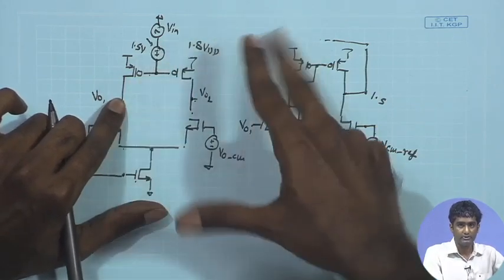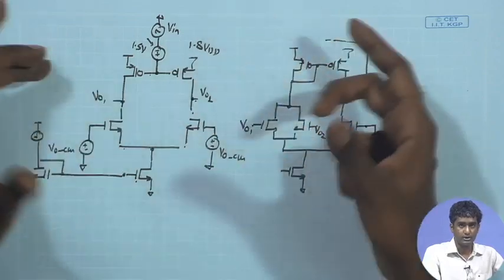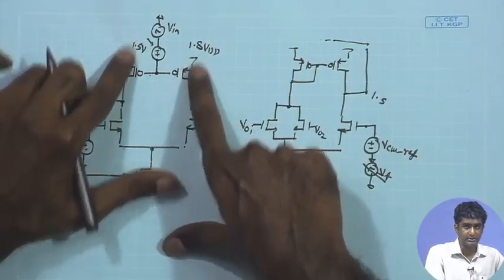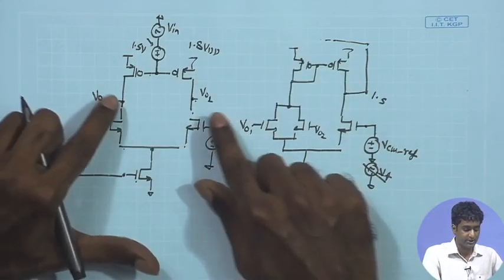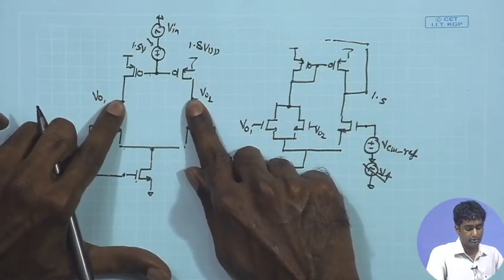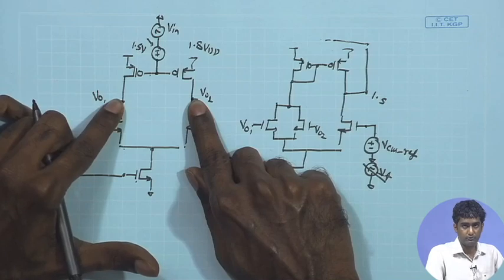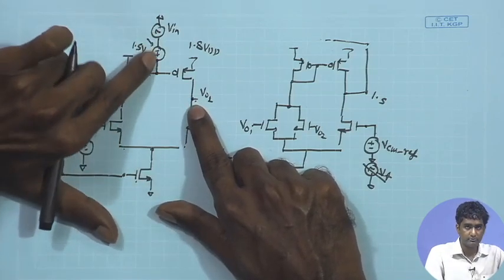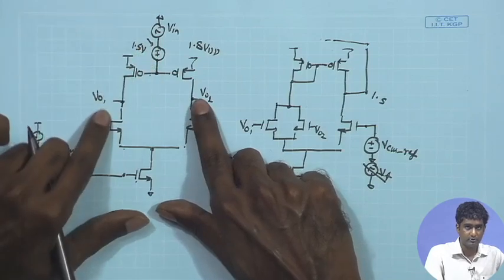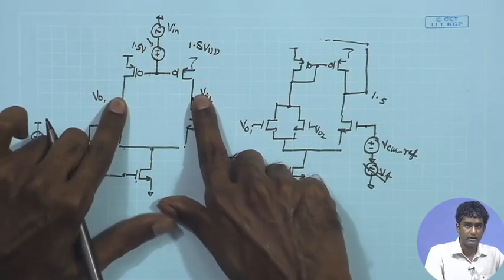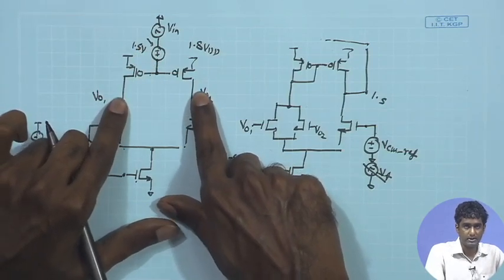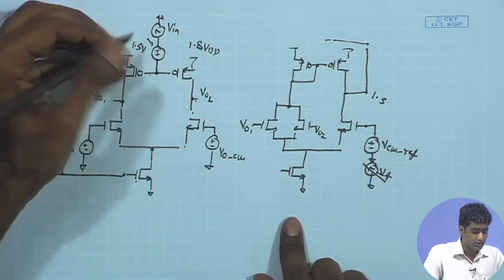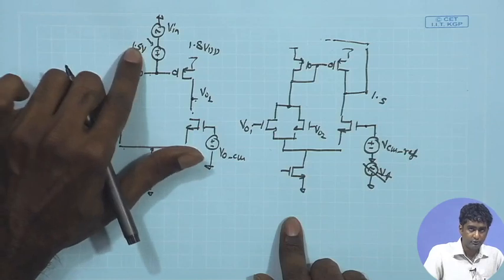The open loop gain of these amplifiers, the two stages overall, can be 10 to the power of 4 or higher, and as a result, each of these stages, the differential stage and after that the common source stage, can have a gain of 10 to the power of 2 or higher. So, a few hundreds, it can reach 1000, and as a result, a few millivolt of shift in this 1.5 can also result in a significant shift, hundreds of millivolt, over here, and therefore, it will be prudent to read these values carefully in the simulation.